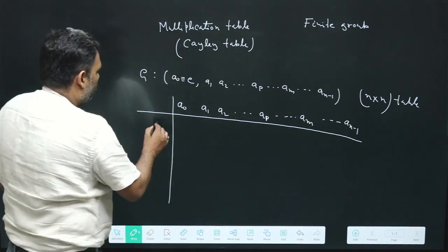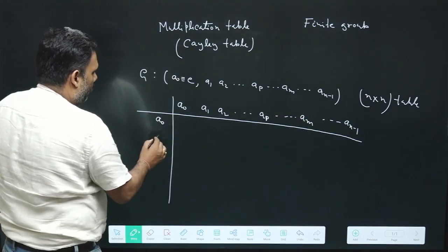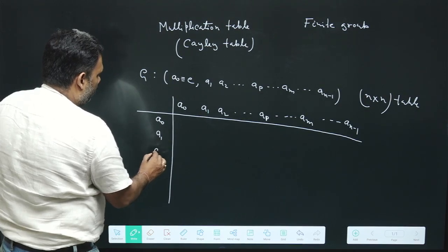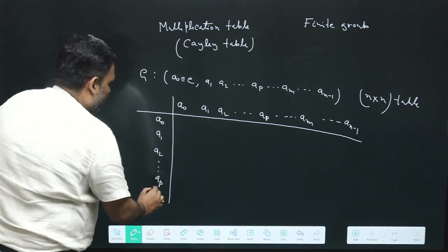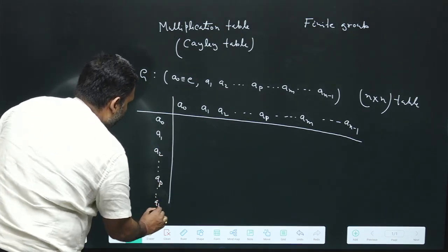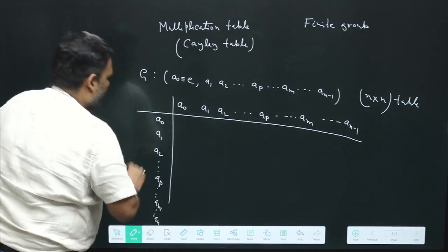So suppose we go a0, then a1, then a2, and finally ap, then am, and finally an.